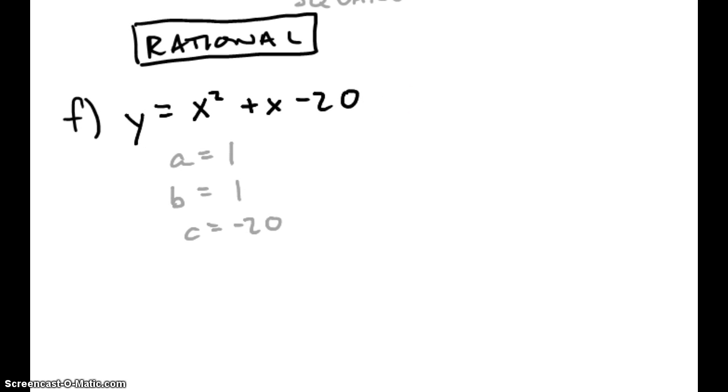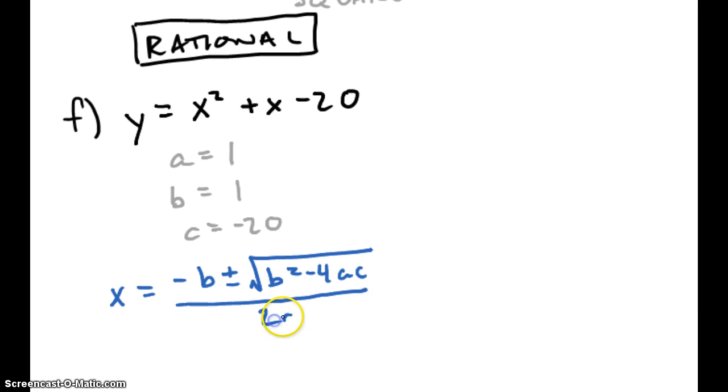And then I write my quadratic formula. X equals negative b plus or minus square root of b squared minus 4ac all over 2a.